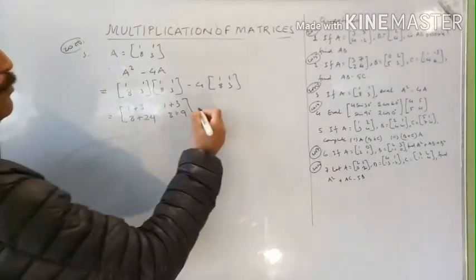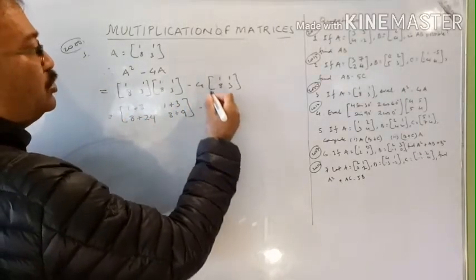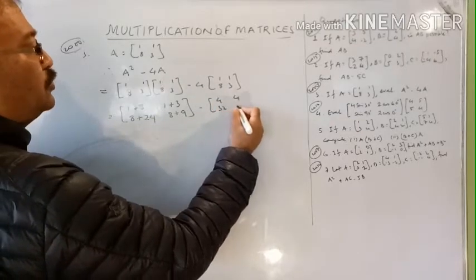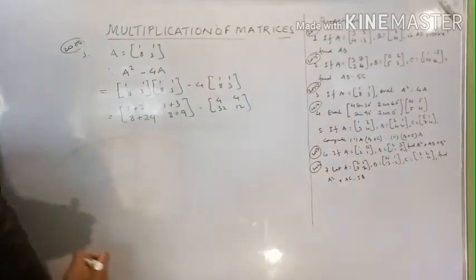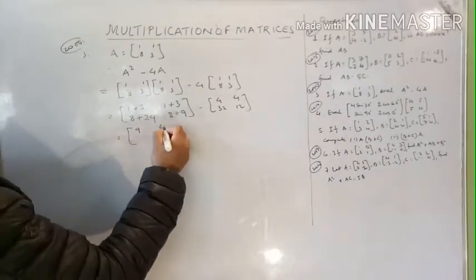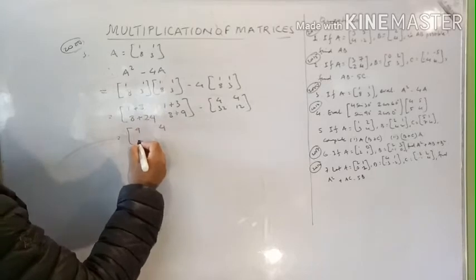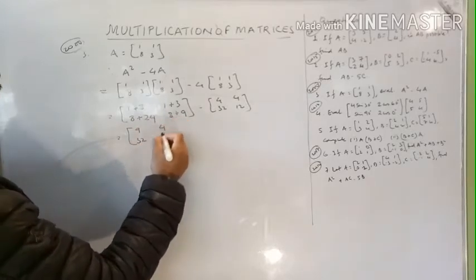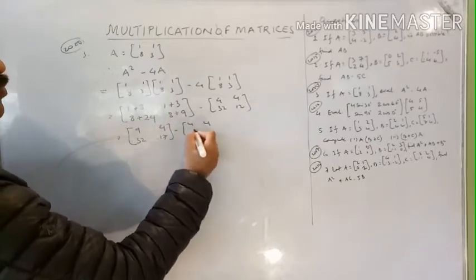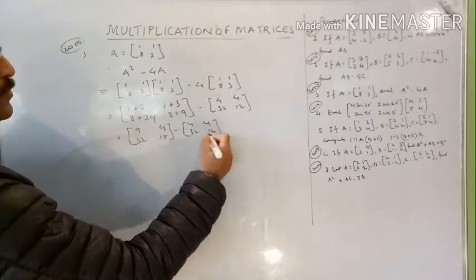Now minus 4 will multiply everything. So 4 1s are 4, 4 1s are 4, 4 8s are 32, 4 3s are 12. Simplify here: 9, 4, 32, 17, minus 4, 4, 32, 12.